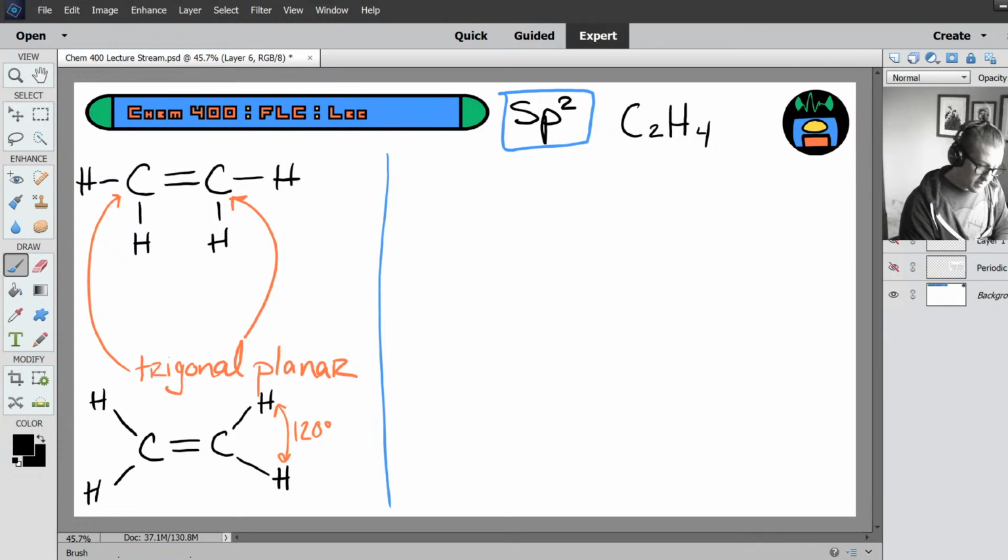So remember, we have an s orbital and 3 p orbitals: px, py, and pz.